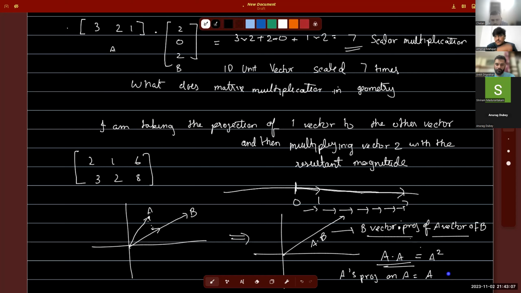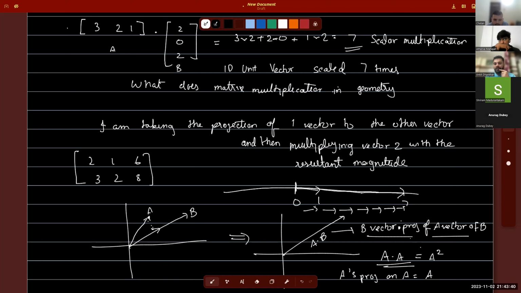Okay. This is for one vector, and you're basically taking the dot product of a vector with itself. Essentially you're taking the projection of a vector on itself, hence you get the same vector. Then you scale that vector with that magnitude, and the resultant magnitude would be the dot product of the two.